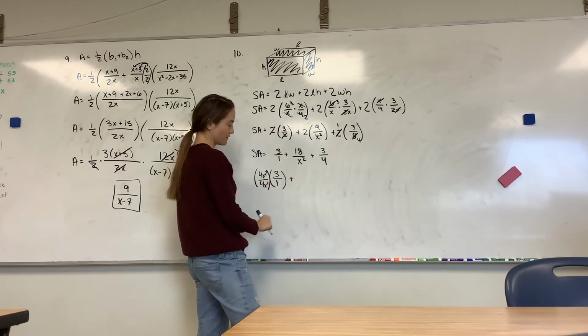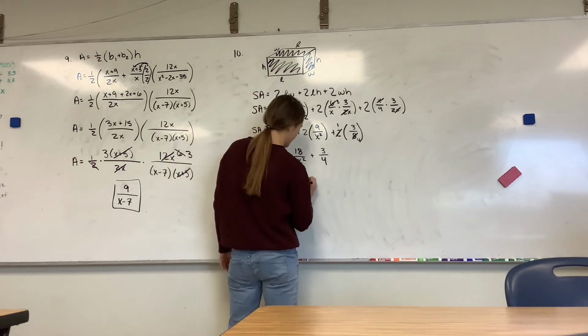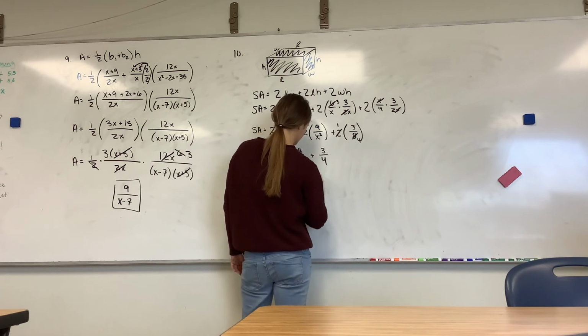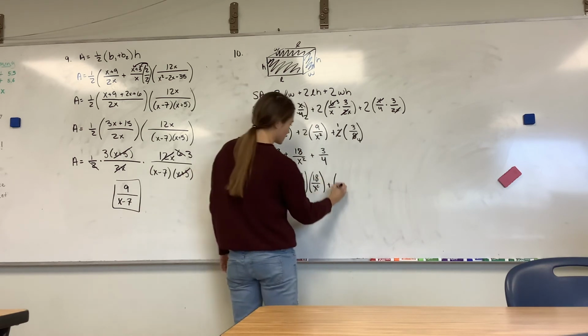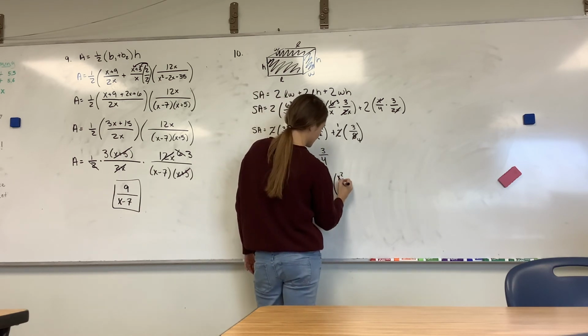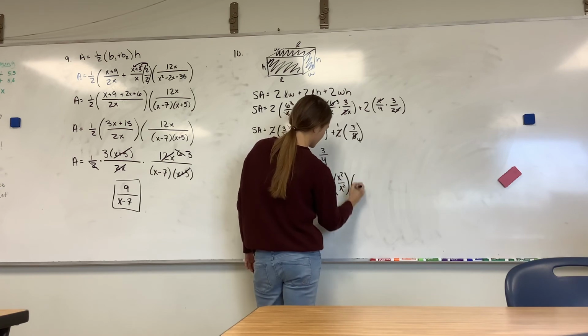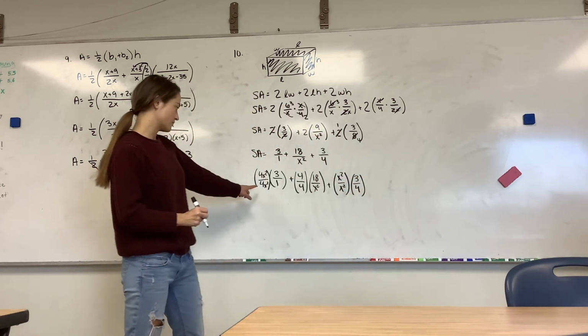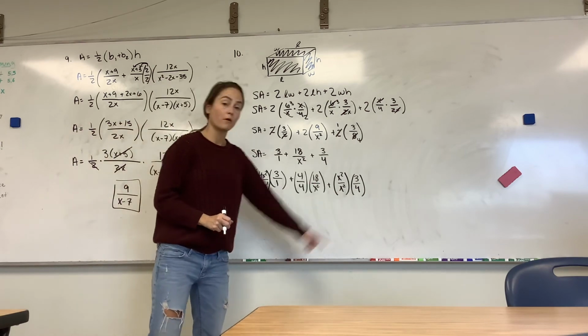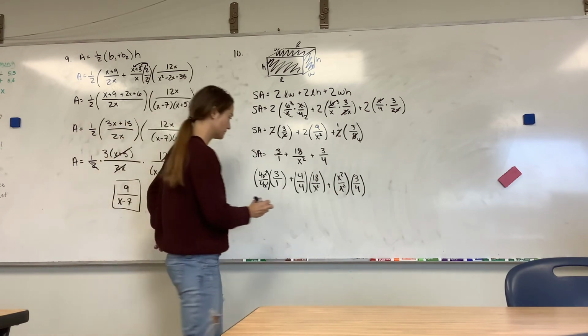This one's just missing a 4, so I'll multiply that one by a 4 over 4. And this one's missing an x squared, so I'll multiply that by an x squared over x squared. So all my denominators are now 4x squared, which is what I want.